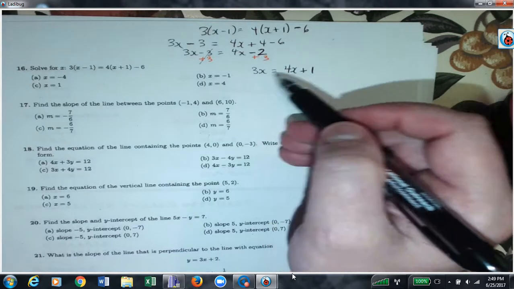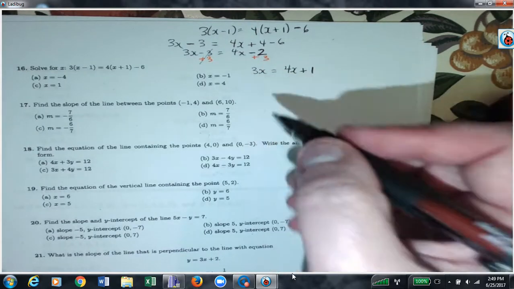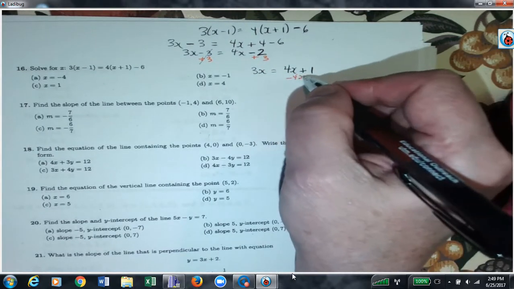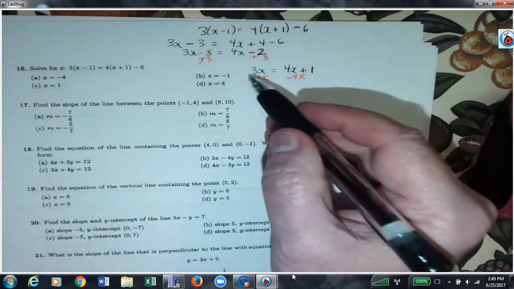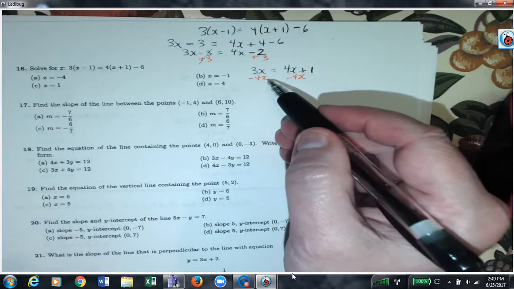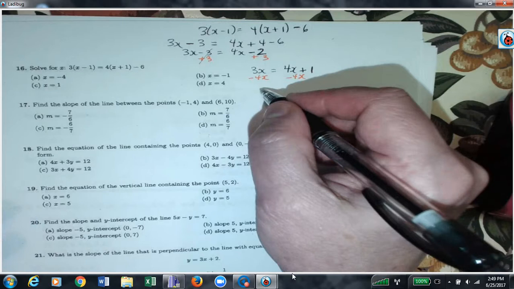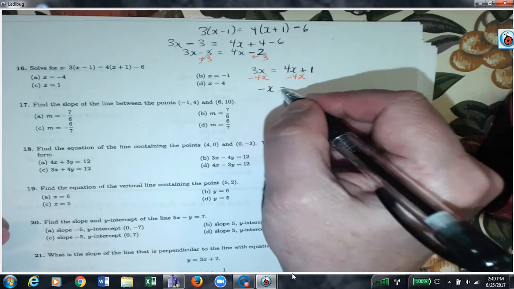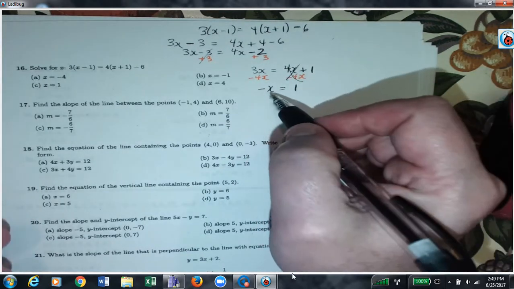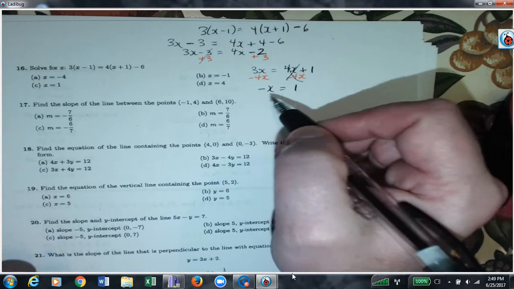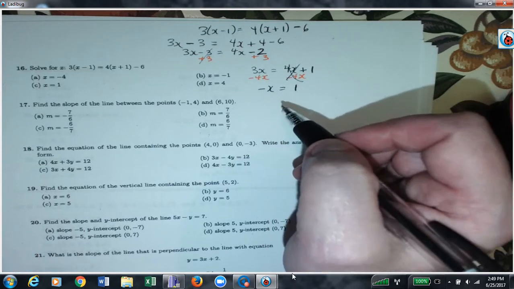And now to get my x terms on the left-hand side, I'm going to subtract 4x from both sides. 3x minus 4x is -1x, or just negative x. And this is what negative x is, but I want to find out what x is.